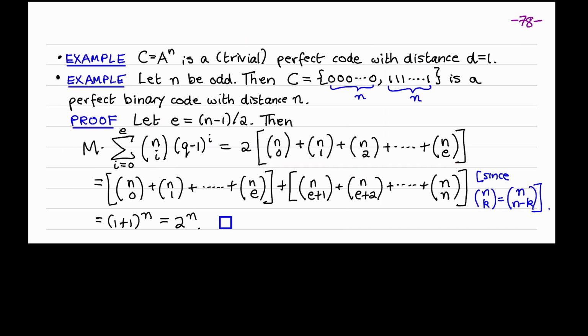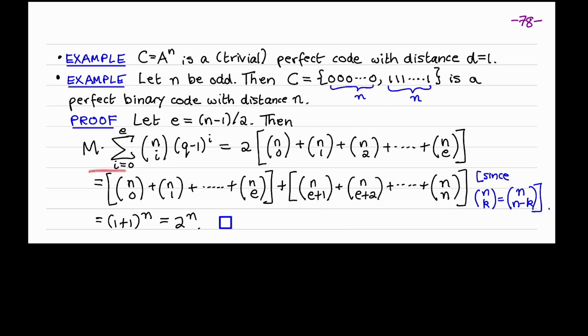Now we know that the binomial coefficient n choose k equals n choose n minus k. And so, since I have two copies of each of these binomial coefficients, I can replace one of the n choose E's with n choose E plus 1, one of the n choose E minus 1s with n choose E plus 2, and one of the n choose 0s with n choose n.